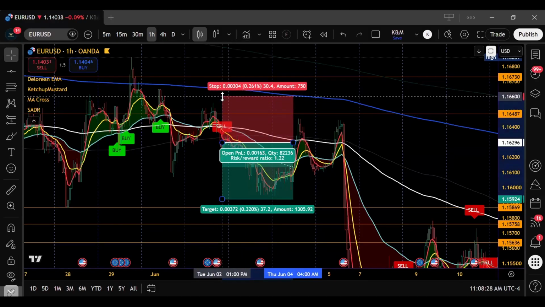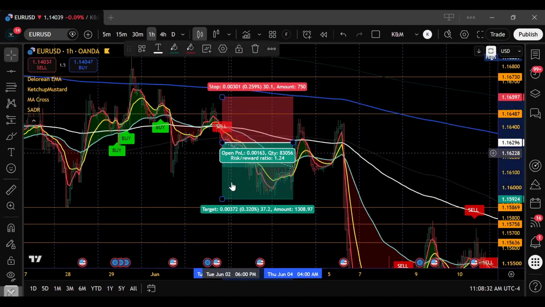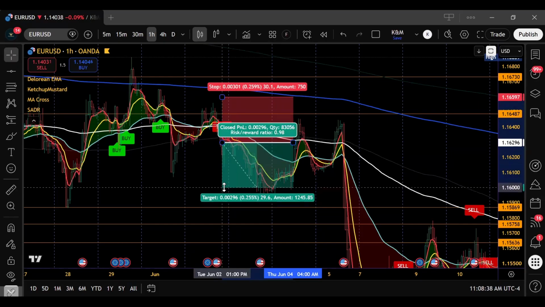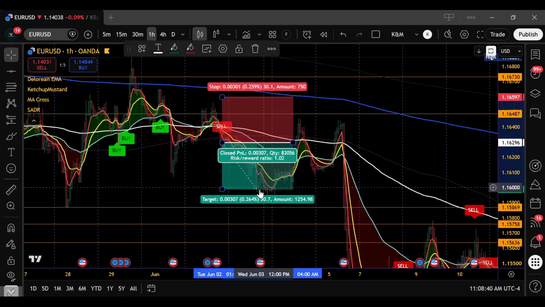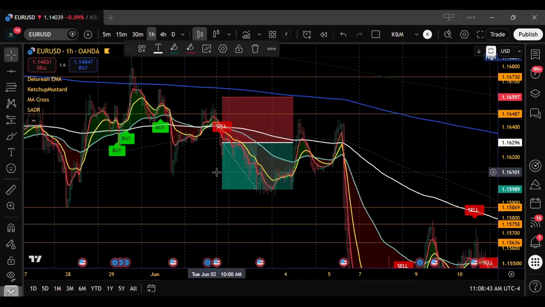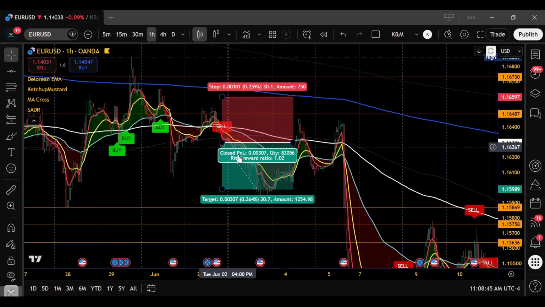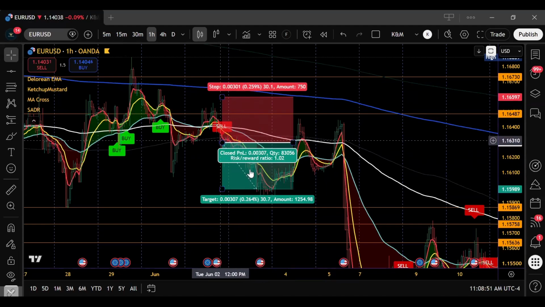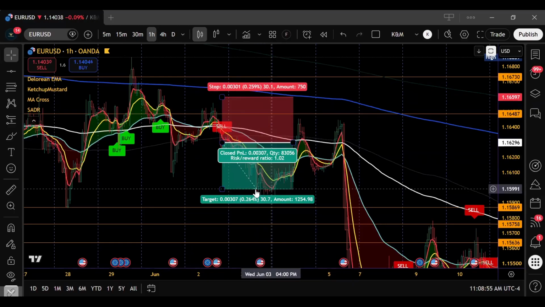I can go ahead and just put it at 30 and say, okay, I'm going to do a 30 pip stop loss. Which means if I make my TP 30 pips, that would have been hit same day. Or it was at the end of the day when this signal went off. So by the beginning of the next day, my target would have been hit. That's my first TP.